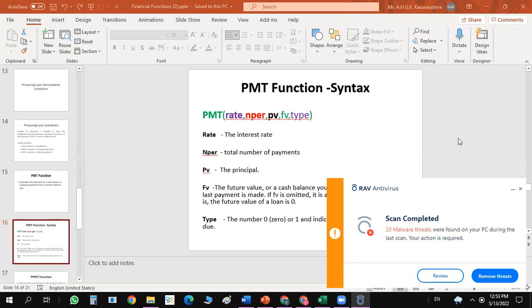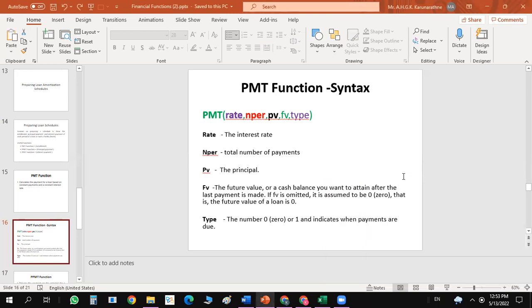Then future value. I explained future value means the expected cash savings, the cash balance you are supposed to generate at the end of the loan settlement. Type means whether the loan repayment occurs at the beginning or at the end.